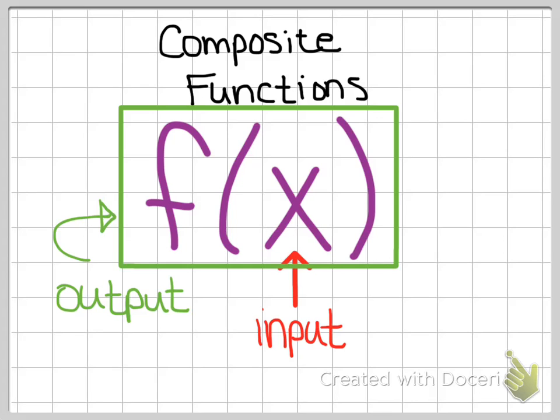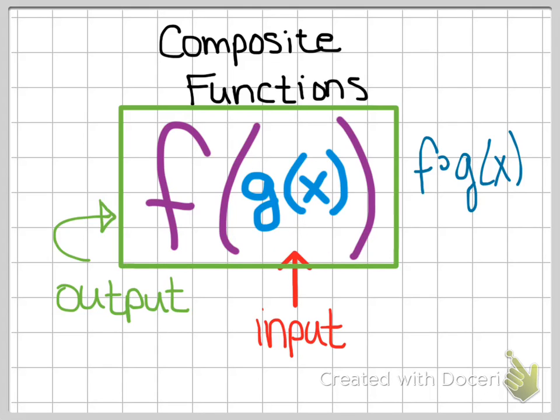So instead of x being a standard input, it actually becomes another function. g of x is now the input, and it's within f of x. How it's read is usually informally f of g of x. Basically, it's made up of more than one function. g of x is composed within f of x.